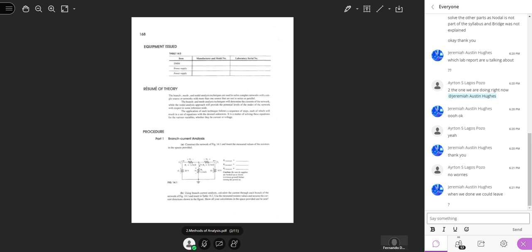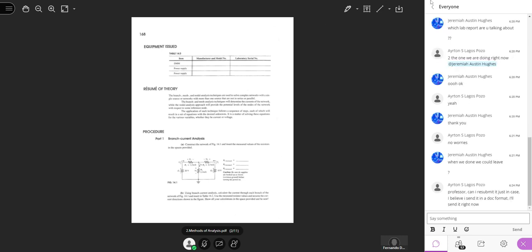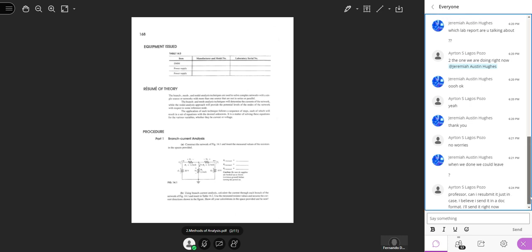If the Microsoft Word version that you used for this lab is different from the one that I use, and yours is not backward compatible with mine, and some of the formulas that you type or some of the pictures that you put in there disappear, I will penalize you for it because I don't see the equations or the images that I'm supposed to see. That's why I said, please do it in PDF, because whatever you send me in PDF, most likely will be what I'm going to see. But if you send me Microsoft Word, there's no guarantee that I will see what you see. Right?